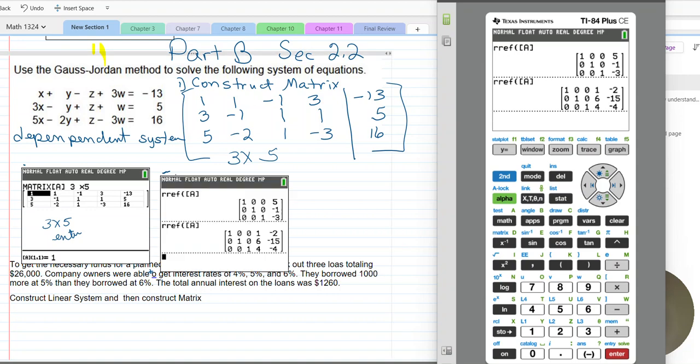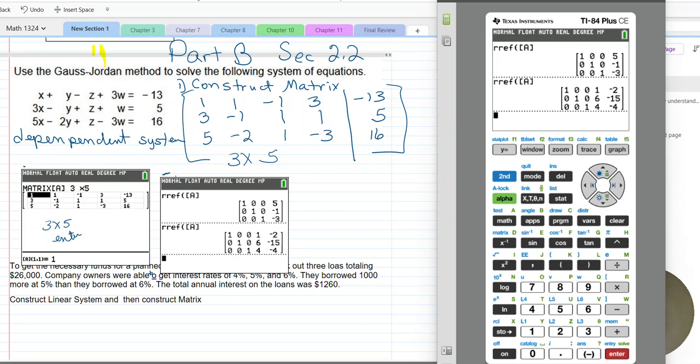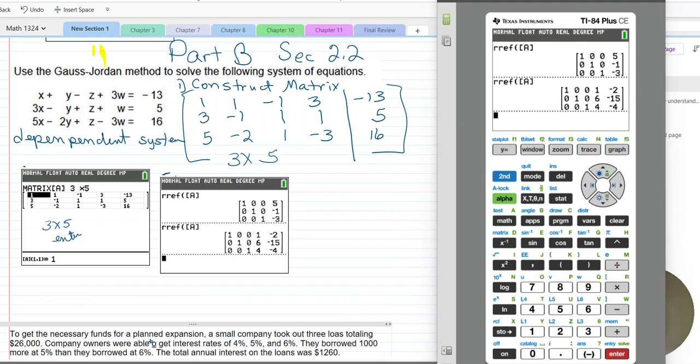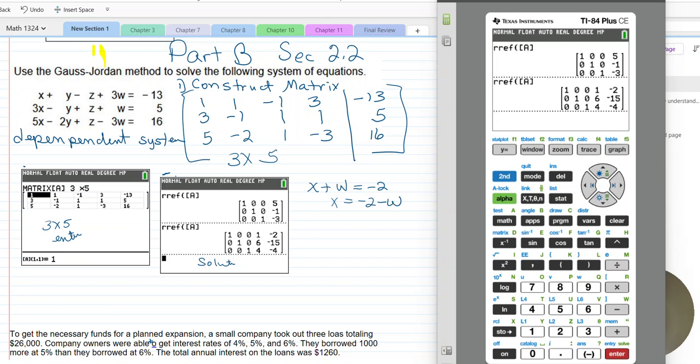All right, so I'm going to make my mark right there and paste it. Make some room. So here I have my solution. And you can see that I have x plus w equals negative 2. So I want x in terms of w. x equals negative 2 minus w.